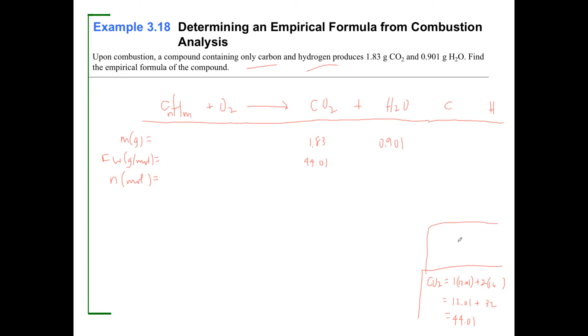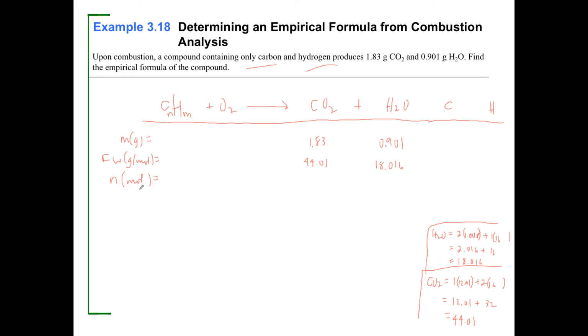Now water is going to be 2 times hydrogen plus 1 times oxygen, which is equal to 2.016 plus 16, which is equal to 18.016.